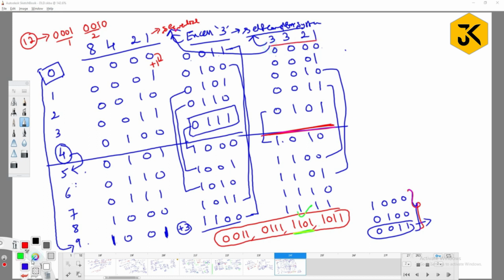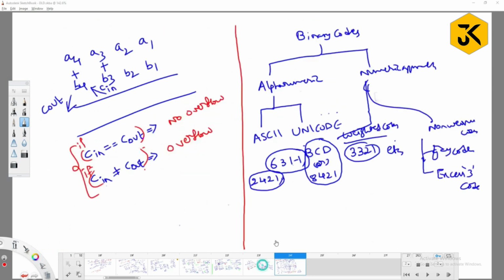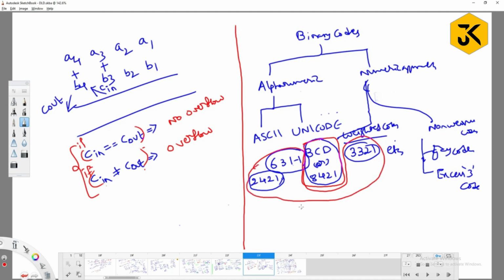So meaning that if you observe here, except 8421, all the remaining codes I mentioned here come under self complementary system. Self complementary system means that you can find the complement of one number from the numbers below 4.